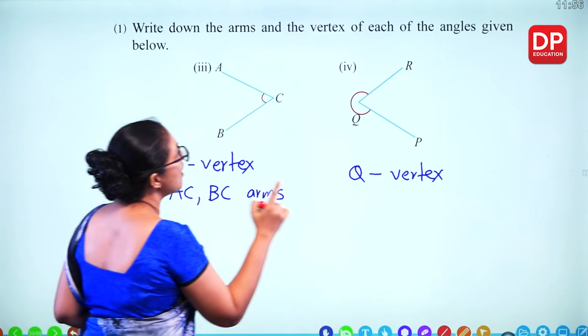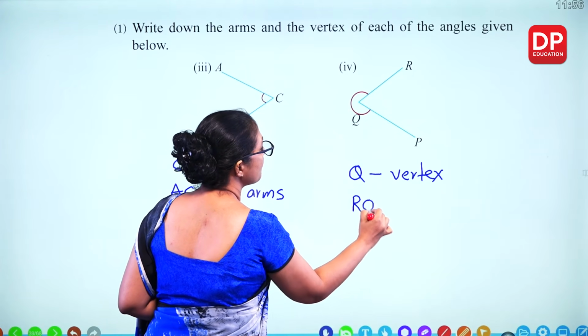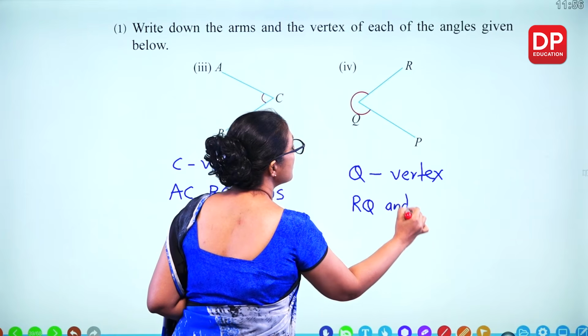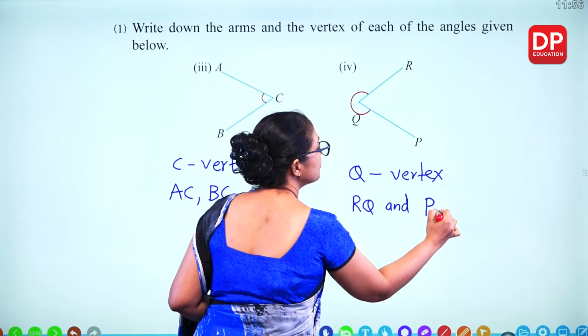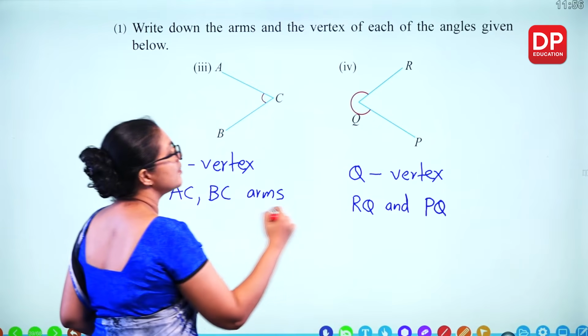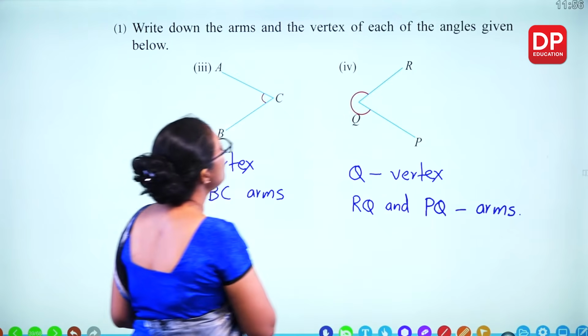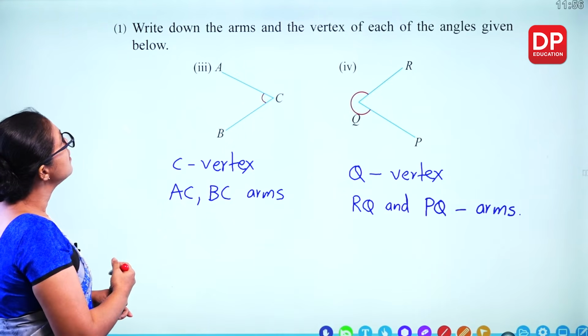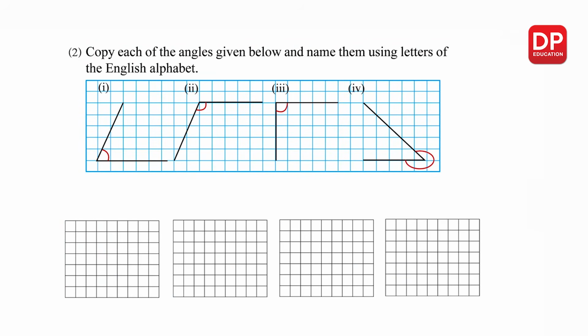And arms are RQ and PQ. So you need to write down arms and vertex.